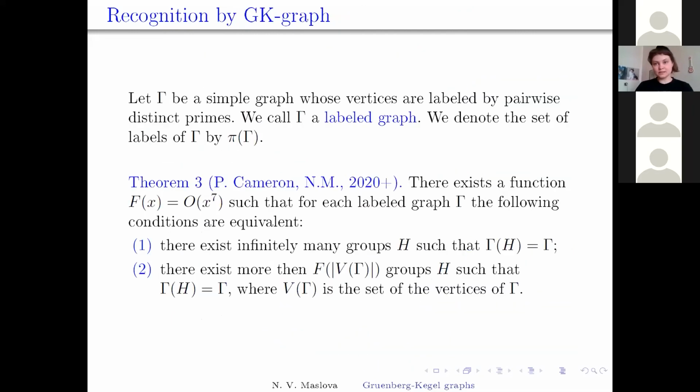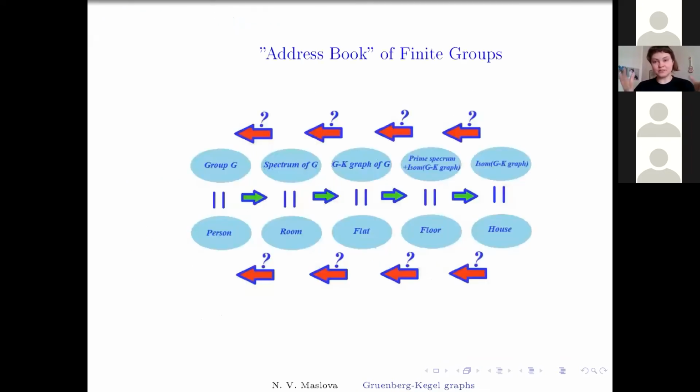So let us continue with other questions. Consider this our address book and assume that some person, for example a policeman, wants to describe all the persons living in a given flat. And this policeman came to the door, knocked, and invited the person to come out and starts to enumerate: 1 person, 2 persons, 3 persons, and so on.